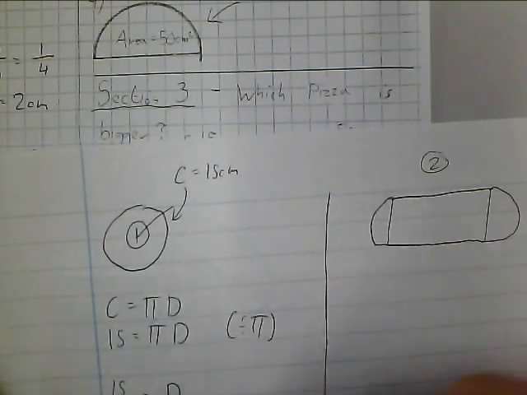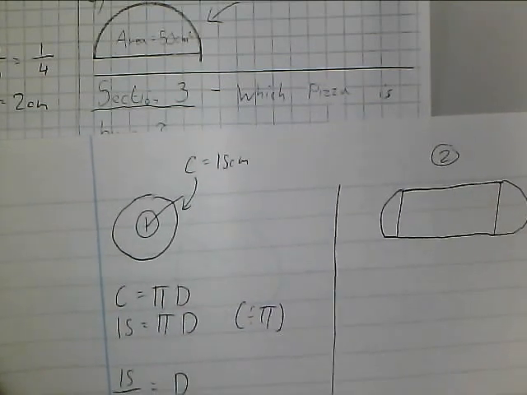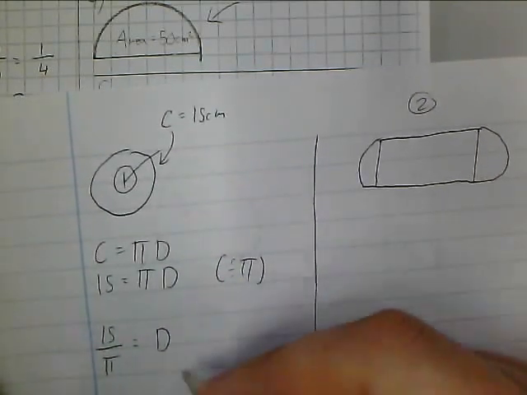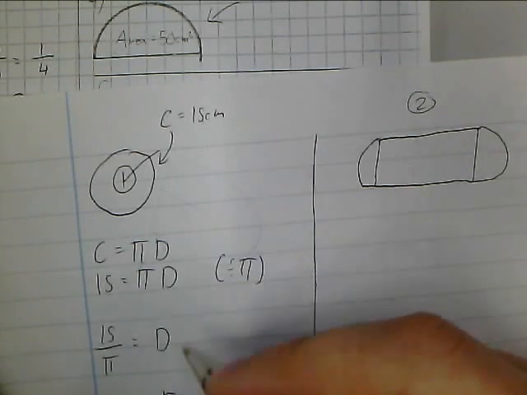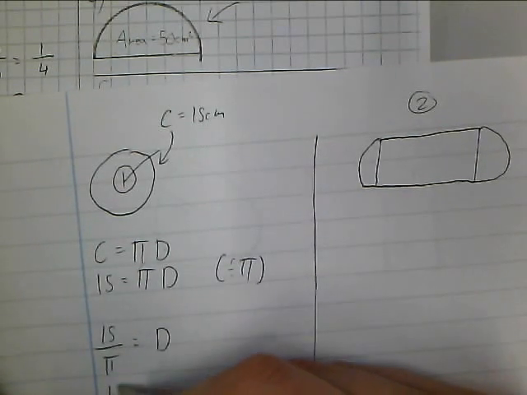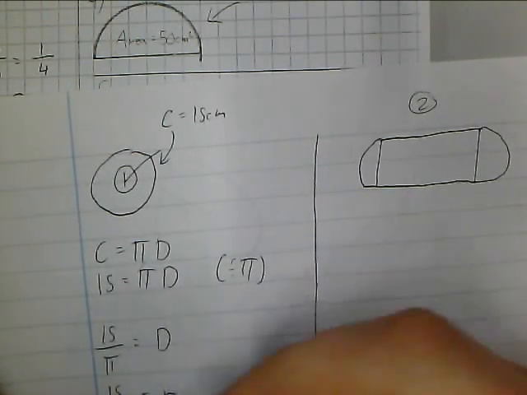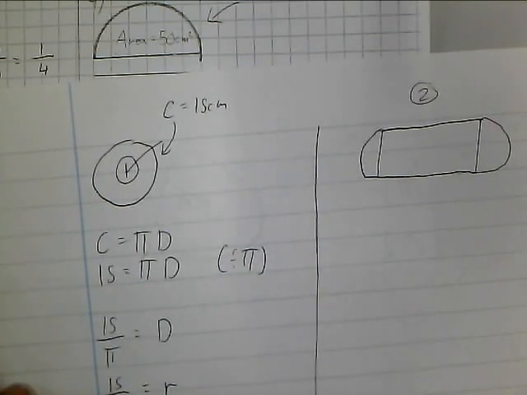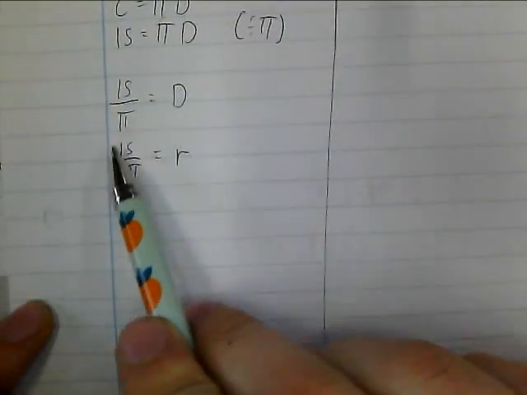I'm going to leave it as 15 over pi for now. So the radius will be half of that, so 15 over 2 pi, because I multiplied by a half, so the 2 goes at the bottom to show that I've divided by 2. So 15 over 2 pi is the radius.